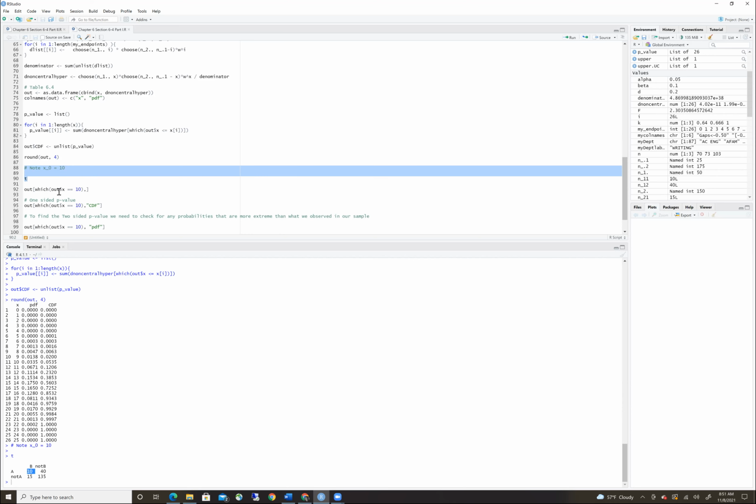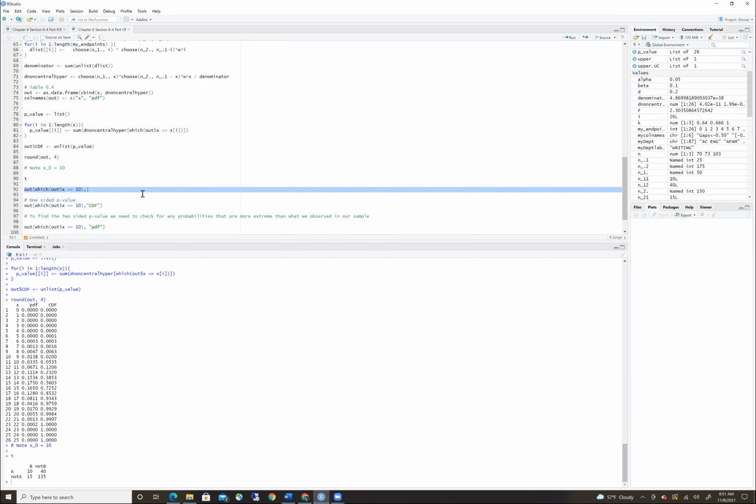If we look at the out object that we defined earlier, we can get the PDF and the CDF as well. The PDF is equal to 0.0335 and the CDF is equal to 0.0535. So from here we have that the one-sided value is 0.0535.